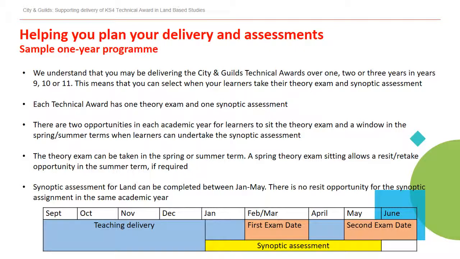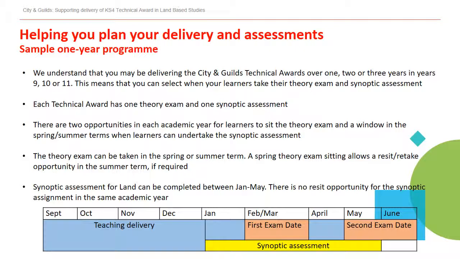You would then deliver all of the knowledge, including the practical skills if they're required, until February in the spring term. The synoptic assignment and controlled assessment will be released to tutors in September, in the autumn term. This is to allow the centres to prepare for the assessments and for the resources that may be required to deliver this assignment.